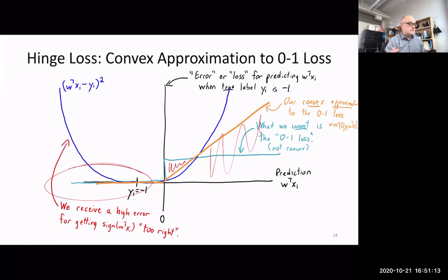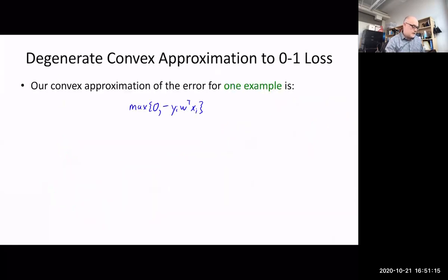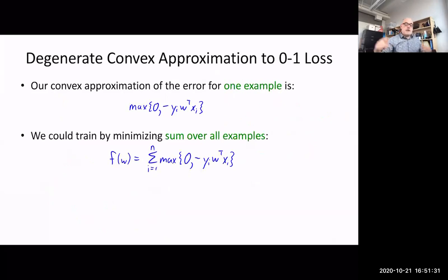Fine. So just keep it in your head that we're replacing the squared 2 norm, the squared thing, with some more sensible loss function. So the convex approximation of the error for one example looks like this. We can train by minimizing the sum over all examples.